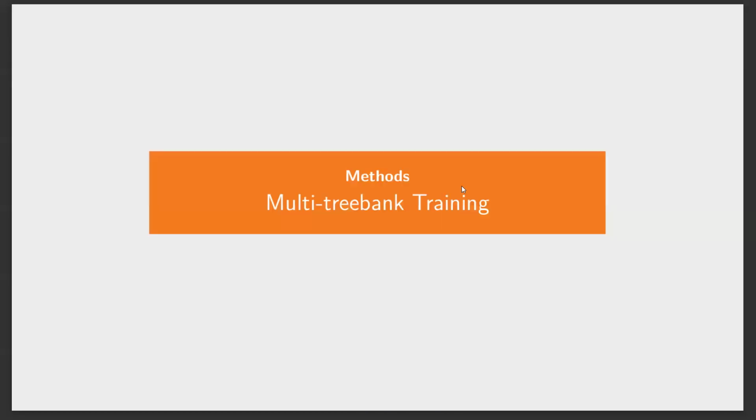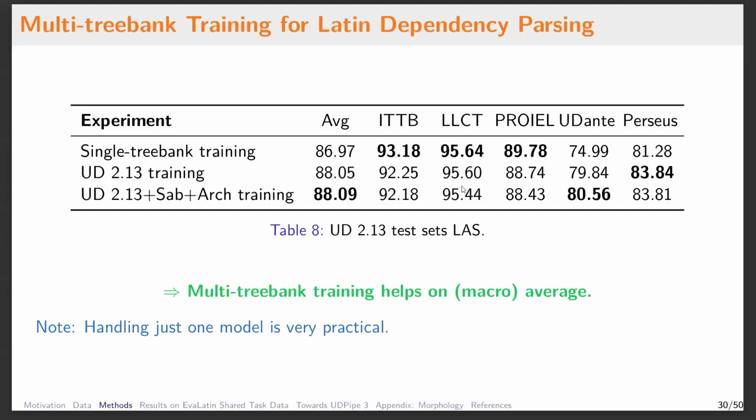So now we are nearing the data. We have seen that Latin people have been quite busy annotating treebanks, and so now we have 5 Universal Dependencies treebanks and 2 more that are not included in the official Universal Dependencies releases. And what we can do, we can either train on each single dataset on its own and have it evaluated on its own, or we could do some kind of joint training on all the data that we have available.